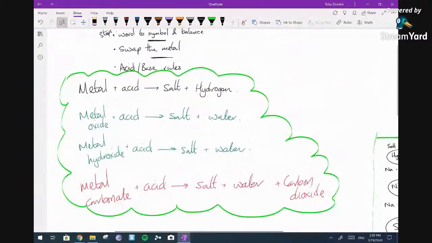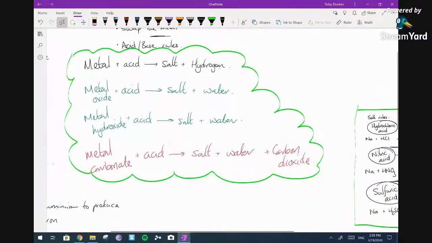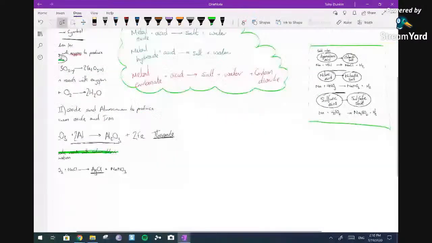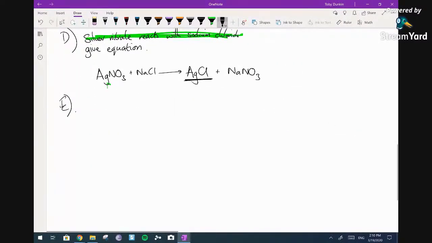So what we now need to do is put these equations into action. So let's now use them. So metal plus acid, salt and hydrogen. Metal oxide plus acid, salt and water. Metal hydroxide plus acid, salt and water. Metal carbonate plus acid, salt and water, and CO2. So let's now put those into practice. Let's do the first one.